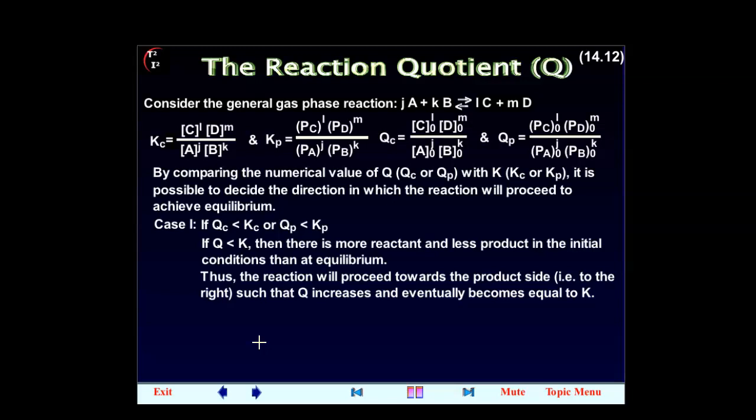Any question on that expression? When your Q of C is less than K of C, or QP is less than KP. Remember, this is KC and this is QC. So the two are not the same. One is when it's equilibrium, the other one is when equilibrium has not been attained.